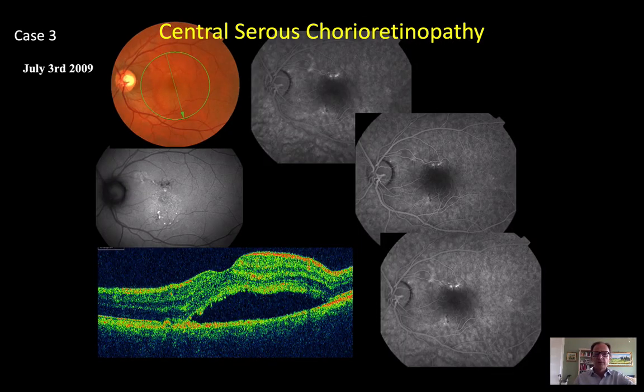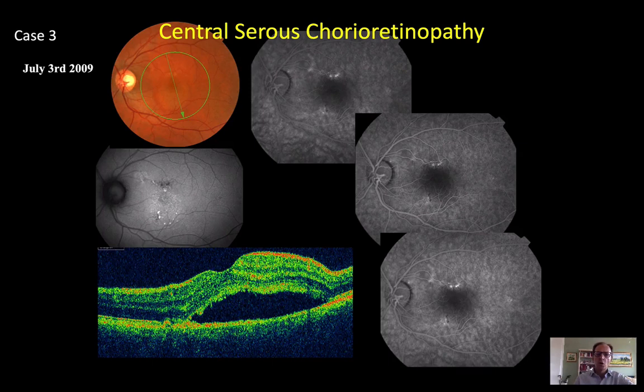We performed the fluorescein angiography, and as you can see, there was the beginning of a kind of disease of the retinal pigment epithelium, but we found 2 isolated leaking points, this one and this one, that were far enough from the fovea.